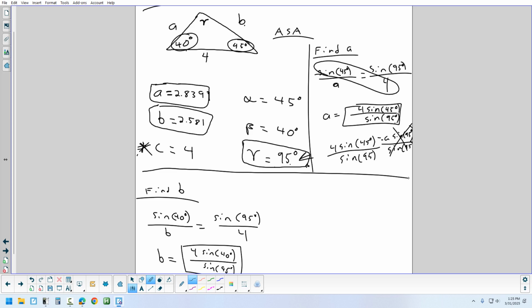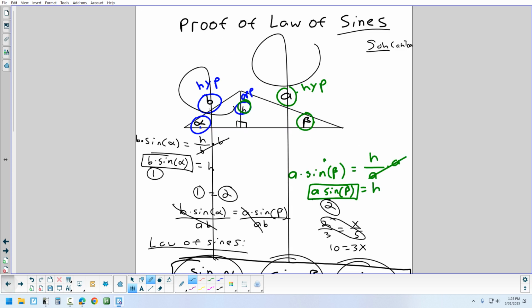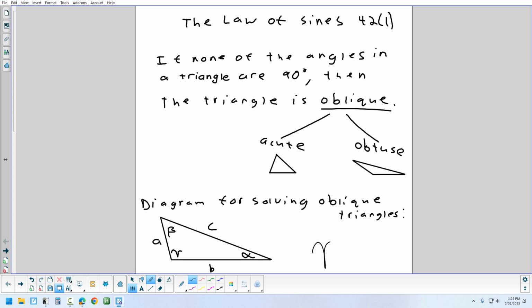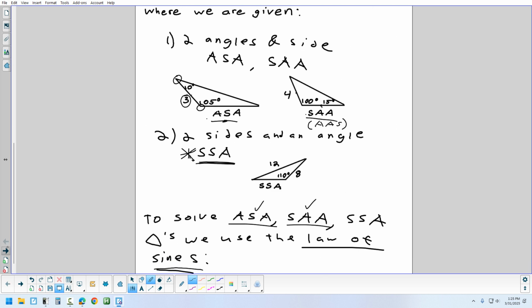All right, so those are the first two cases. We've done angle, side, angle, and angle, angle, side, and now we're going to look at side, side, angle. We're going to do part of this today, and the rest of side, side, angle we're going to finish tomorrow, because it has some more things going on.